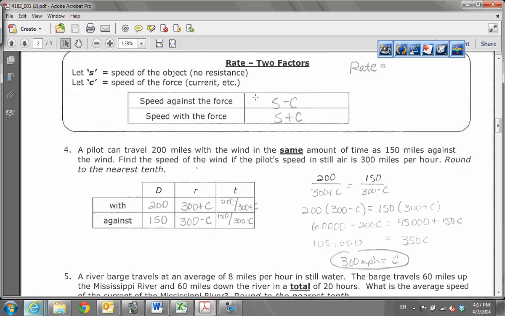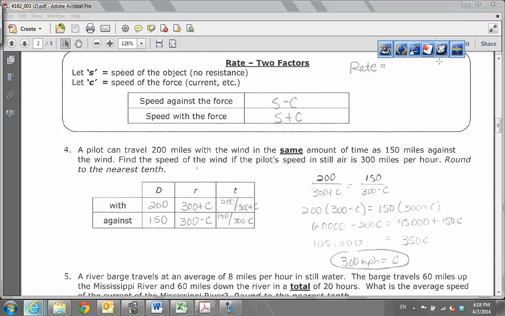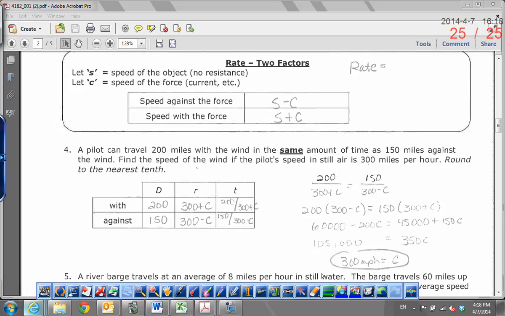Then we do the whole t equals d over r thing, so we get 200 over 300 plus c, 150 over 300 minus c. Cross multiply and divide. Now there is one issue here. I think it's 15,000, yeah. 15,000 equals 3,500, so you divide by that, and we get 42.9 miles per hour.